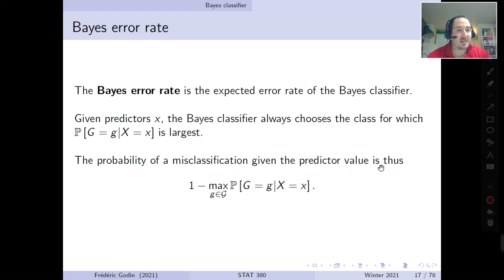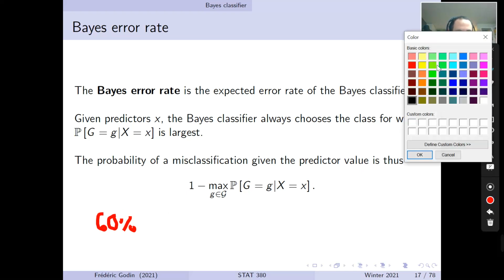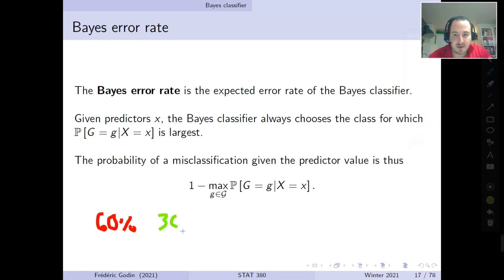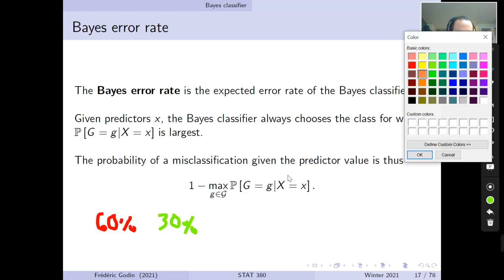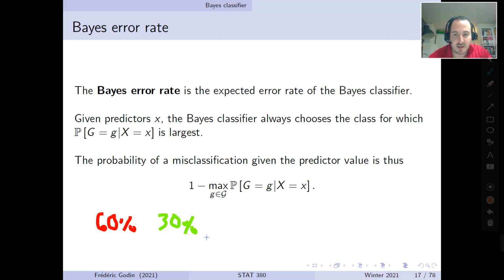Conversely, if you had three classes, blue, orange, or green, and let's say you had 60% probability of being, I'll use other colors, red, 30% probability of being green, and 10% probability of being orange for the given value of x, then you would classify clearly as red.